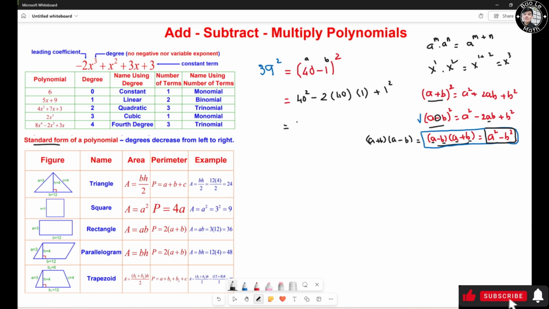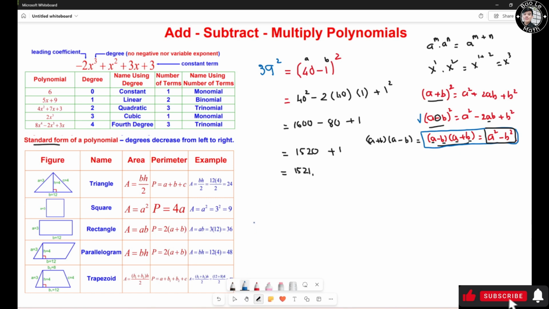So 40 squared is going to be 1600, minus 2 times 40 times 1 is going to be 80, plus 1, right? Because 1 square equals 1. Now 1600 minus 80 is going to be 1520, right? 1520 plus 1 is going to be 1521, right? So by doing this way, I just use my mental math without using a calculator, right?